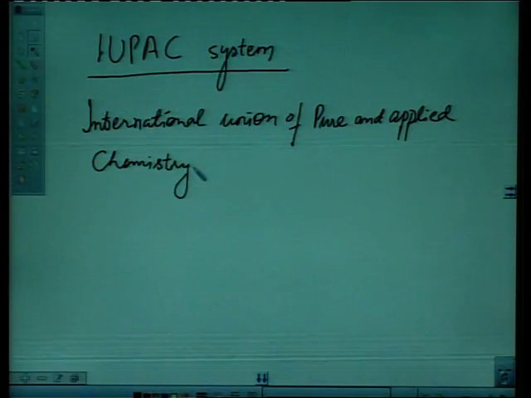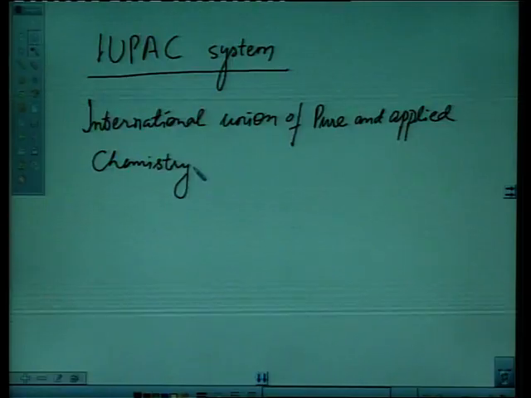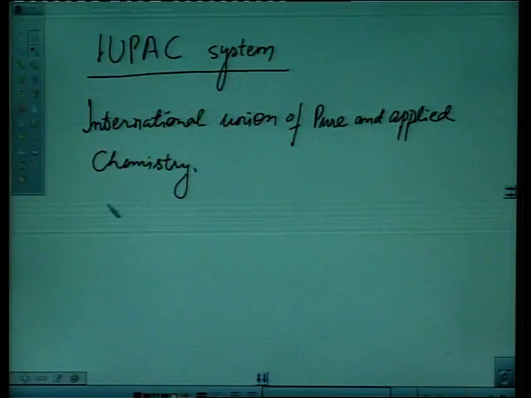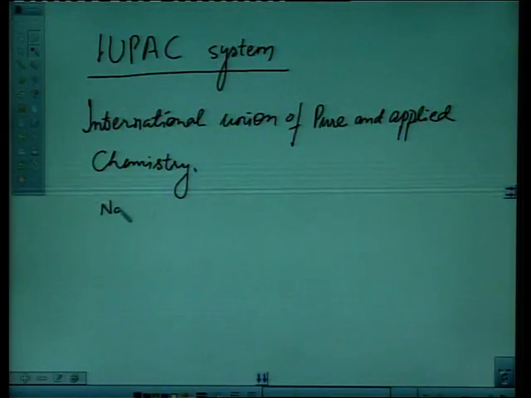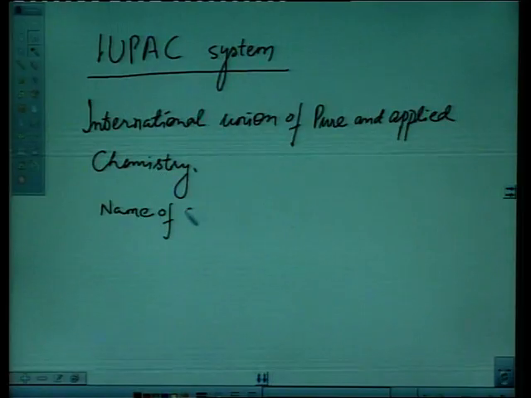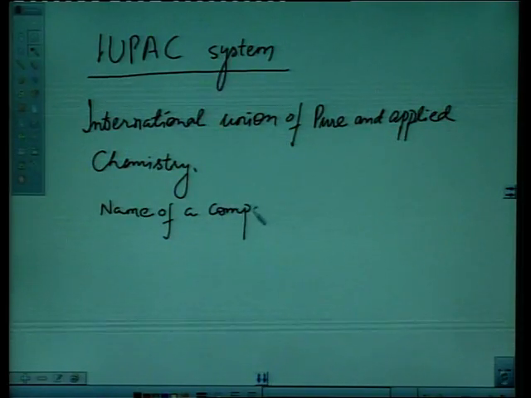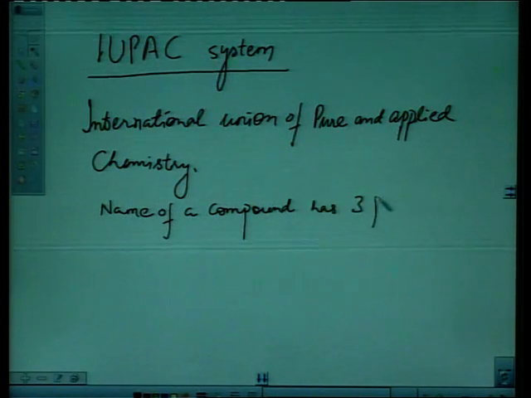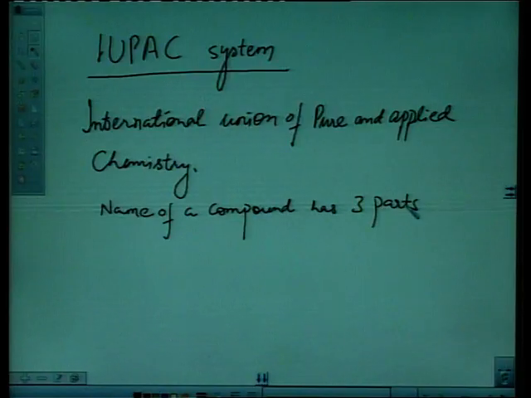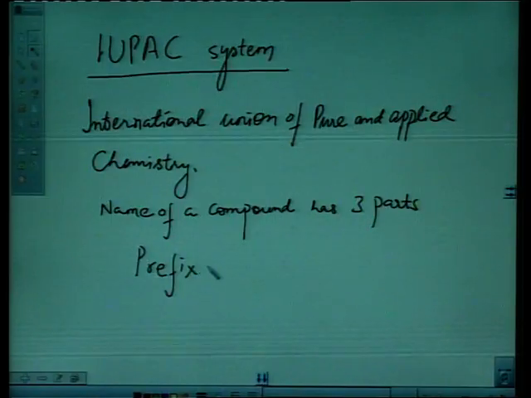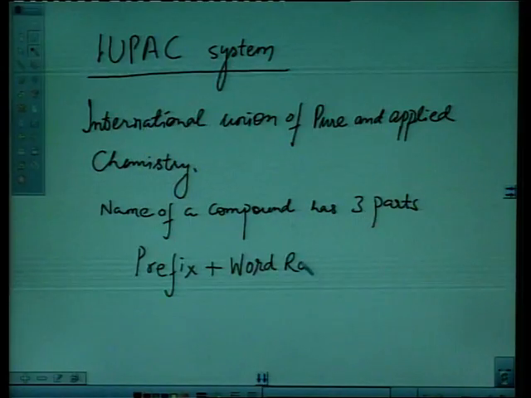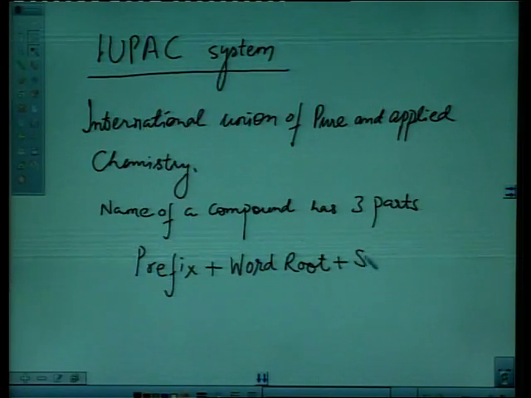According to the IUPAC system, the name of a compound has three parts: prefix, word root, and suffix.